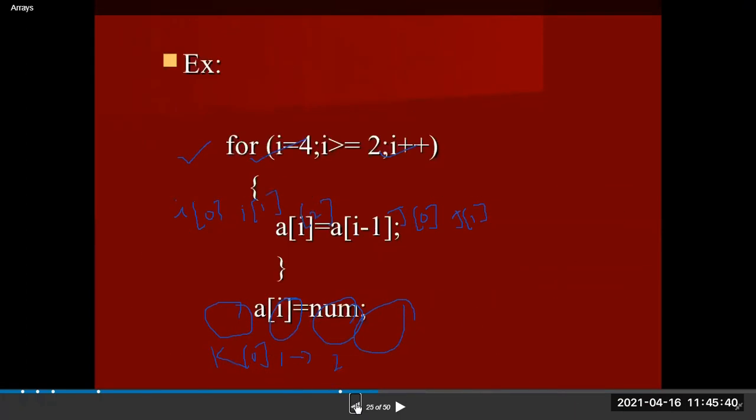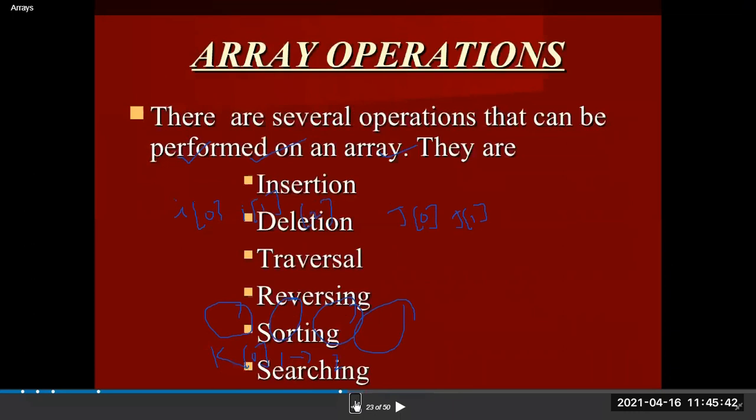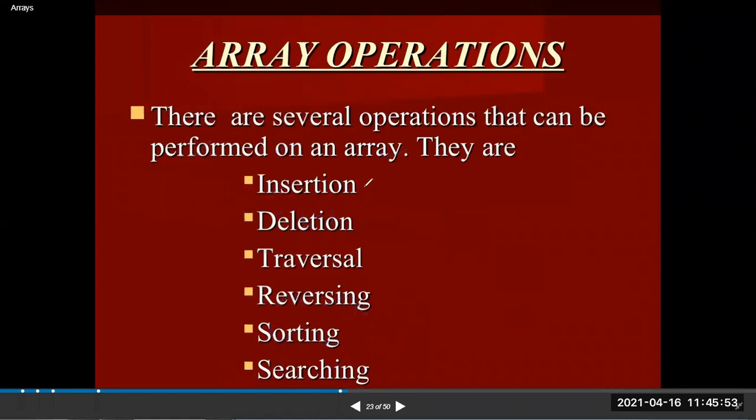So what are the operations we discussed till now? We discussed the insertion operation. If the elements are in an unsorted array, it is very easy to insert the element at the end.